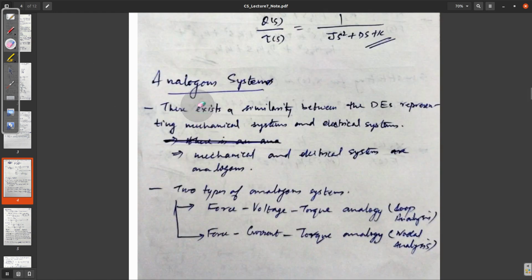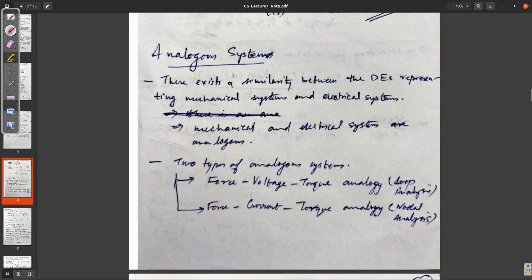Now the next topic is analogous systems. That is, we can represent mechanical systems using differential equations, in terms of the spring constants, dampers and masses, inertia, angular velocity, angular displacement, linear displacement, things like that.